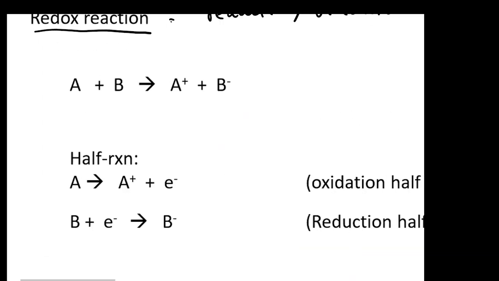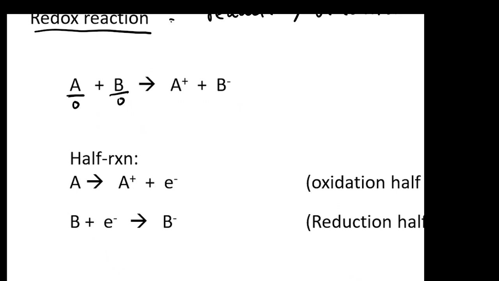Assuming today you see this reaction, A plus B gives you A+ and B-. You want to identify which is LORA and which is GROC. To make those judgments, the first thing you do is write out the oxidation number of the species. What is the oxidation number of A? 0, right? How about B? 0. How about A+?